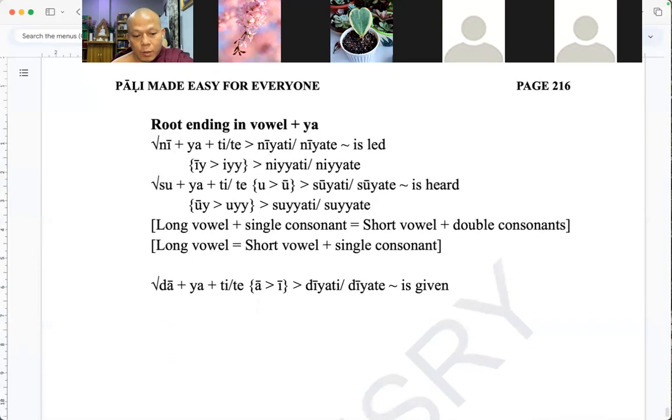In the same way, root ba, to drink, and ya, and then D. So here also R is changed to E. R is replaced by E. So B, D, is drank.